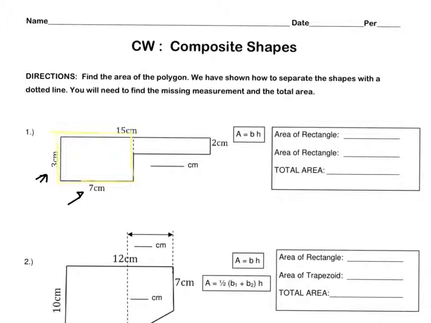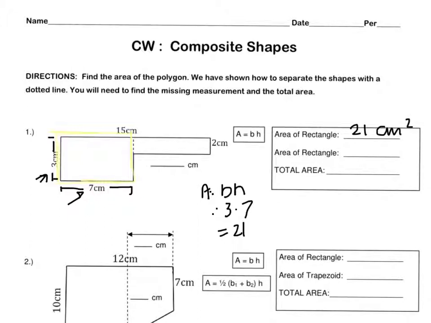The rectangle, this length goes from this edge to that edge, and this is from that to there. So let's do that one out real quick. Area equals base times height, which is equal to 3 times 7, which is equal to 21. And we can write that over here, 21, and it would be centimeters squared.